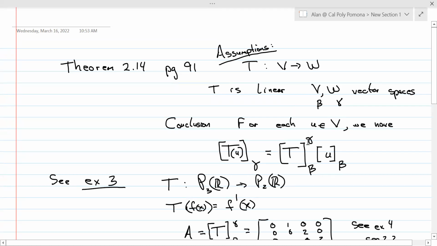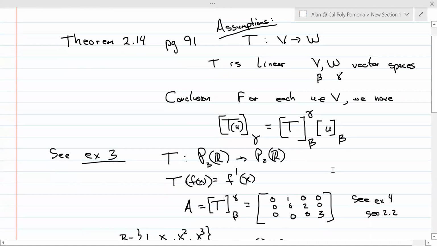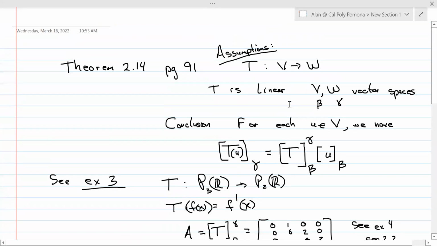And if you multiply the transformation matrix times this column vector, what you're going to get is what comes out of the transformation. So if you find the matrix of the transformation, and that's what's in the new basis gamma, that's what's coming out of this. So essentially what it's changing is it's changing the transformation into matrix multiplication. Find the matrix corresponding to the transformation, multiply it by a vector in the basis of your domain, which is V, and what comes out is the vector that comes out of the transformation.